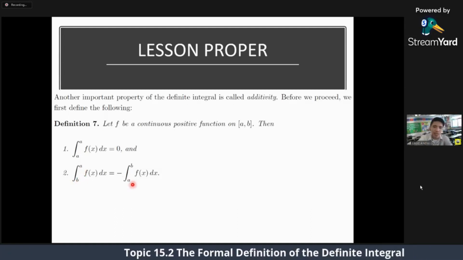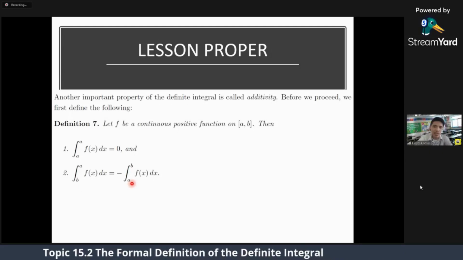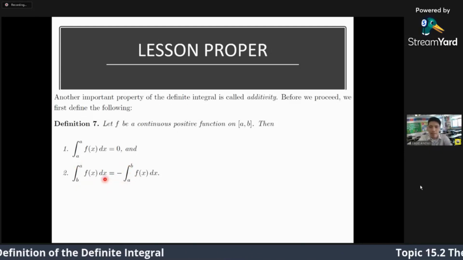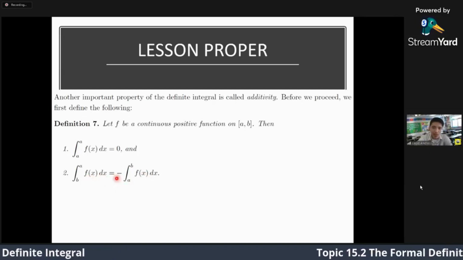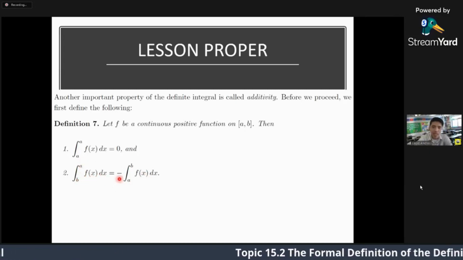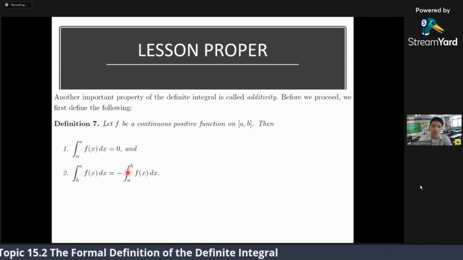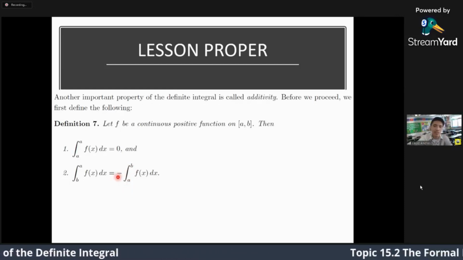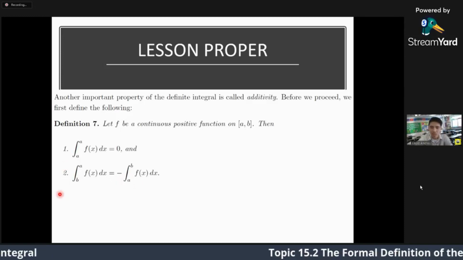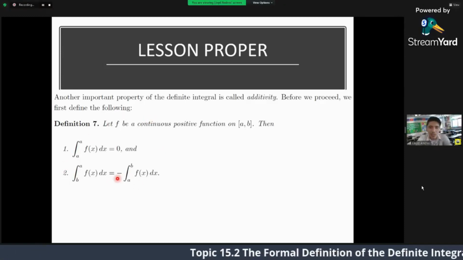Ang dere, lower limit niya si a, upper limit niya si b. So, nagkabaliktad. Pag magkabaliktad, muusab pod ang sign. So, meaning, kung unsay value ani, negative nimo, baliktara lang iyang limits. Tapos, i-change nimo ang sign. So, mao na ang pasabot ani. So, let's try to apply that one.